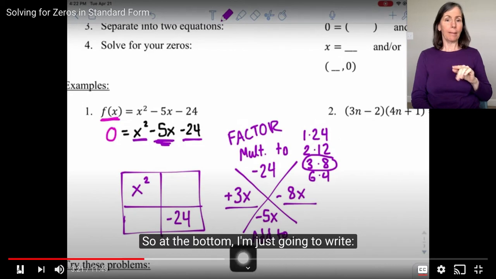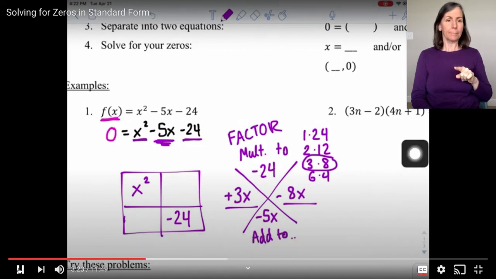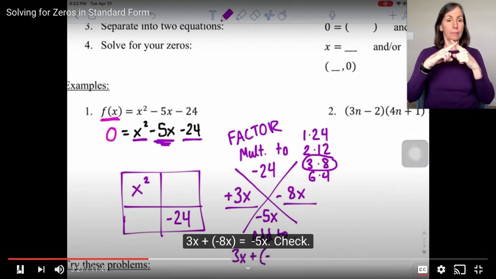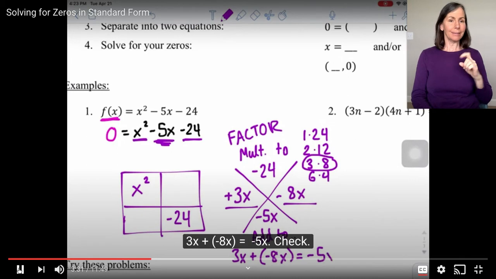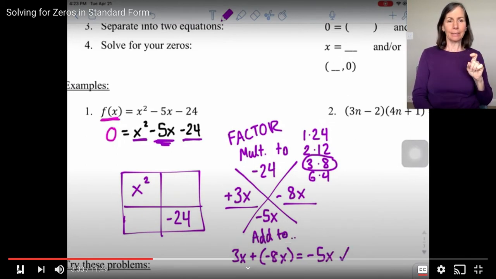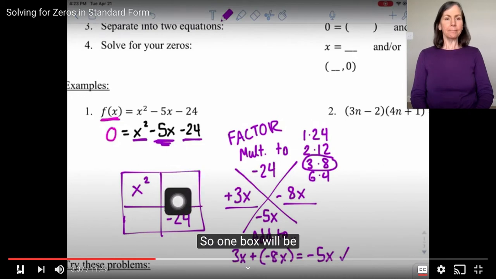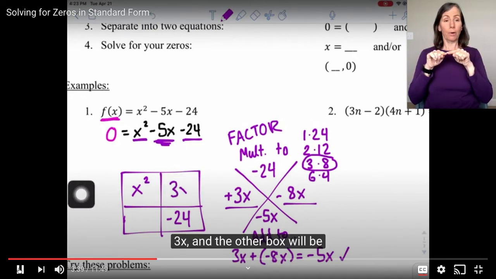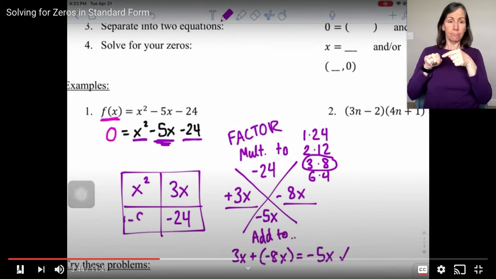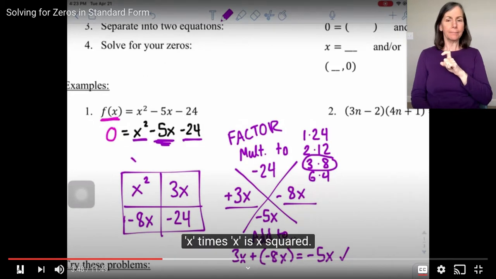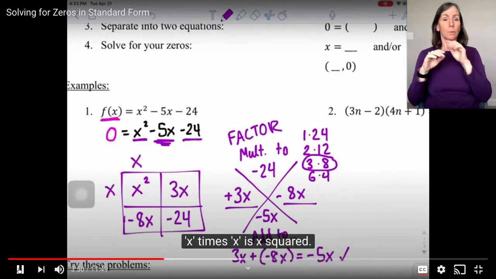So at the bottom, I'm just going to write 3x plus negative 8x equals negative 5x. Check. So one box will be 3x, and the other box will be negative 8x. X times x is x squared.